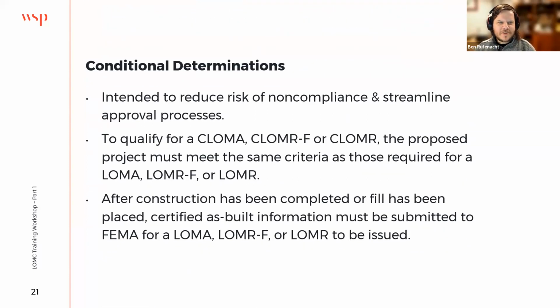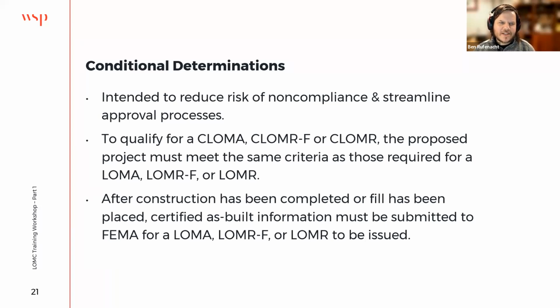So all those CLOMAs, CLOMRFs, CLOMRs are intended to reduce the risk of you not following all the rules and having to make a change after construction has already been completed. Before you even start the process, you're making sure you're doing everything correctly. This is, again, highly suggested.